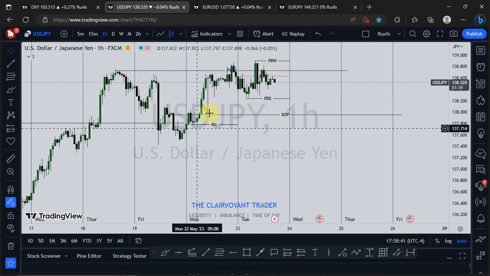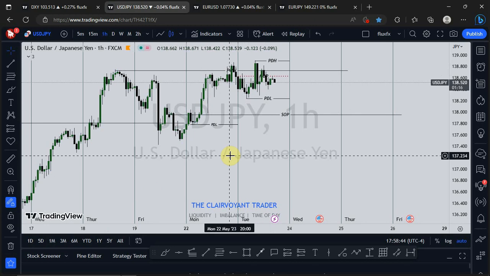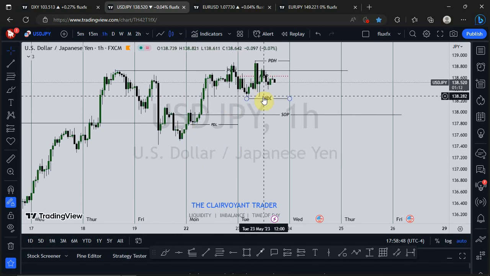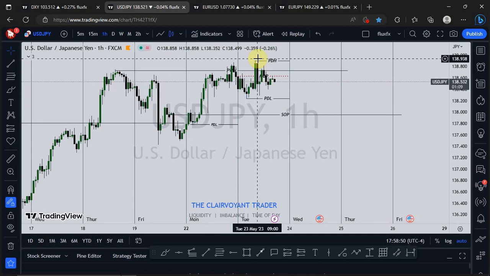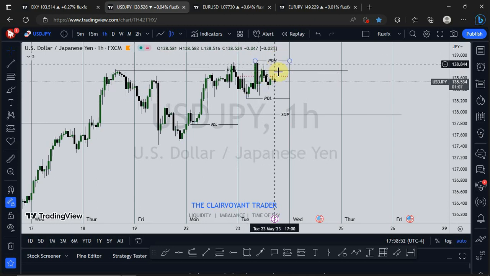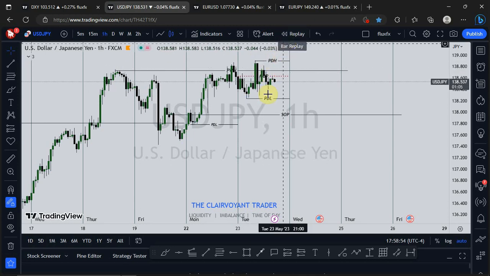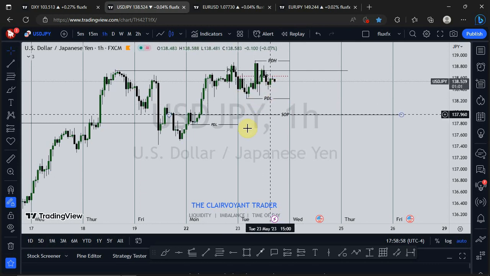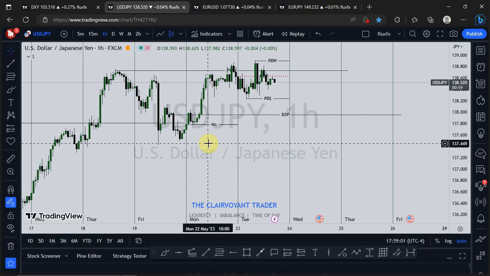Looking at price, it is still within that range, so I want to see a clearer direction. If we should take out this high, then definitely you're going to see price continuing to push to the upside. If we should take out this low, then definitely you're going to see price continue to shoot to the downside. So currently on USD/JPY, I'm a bit skeptical about the market.